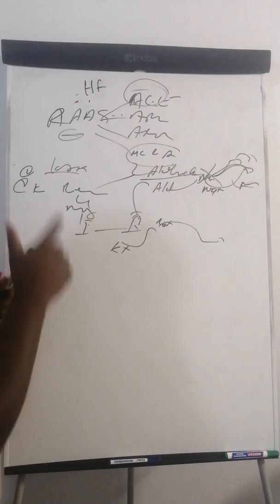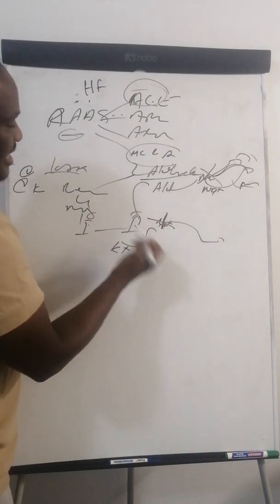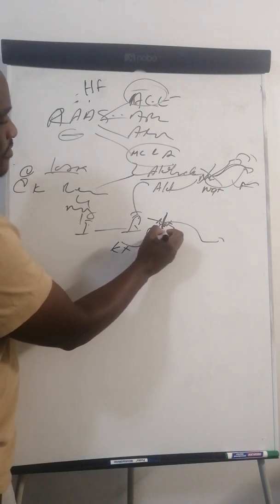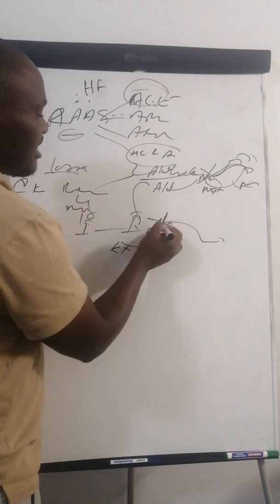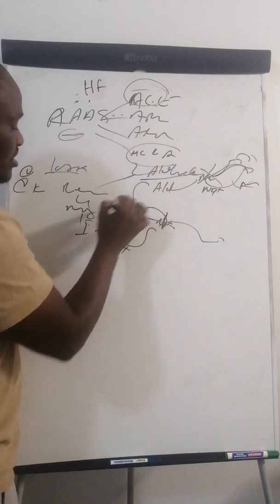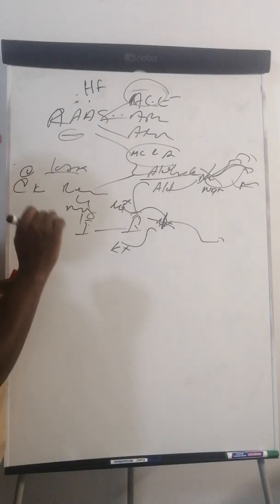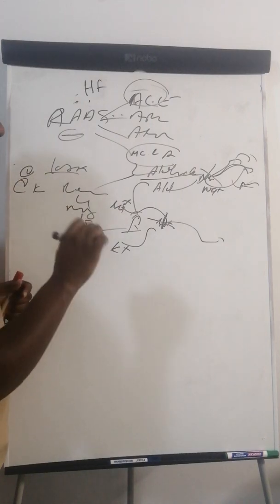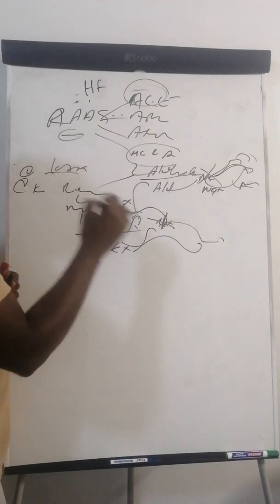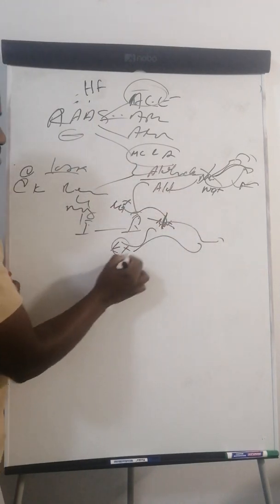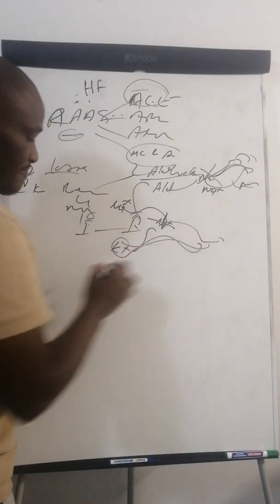But if you give Aldactone, it is going to interfere with the reabsorption of sodium. So now the sodium that is supposed to be reabsorbed goes to the urine. So you lose sodium when you give Aldactone. But because of that principle that we need to maintain electrochemical gradient, potassium is going to go the other way. So that's why Aldactone is a potassium sparing drug and has got a potential of causing hyperkalemia.